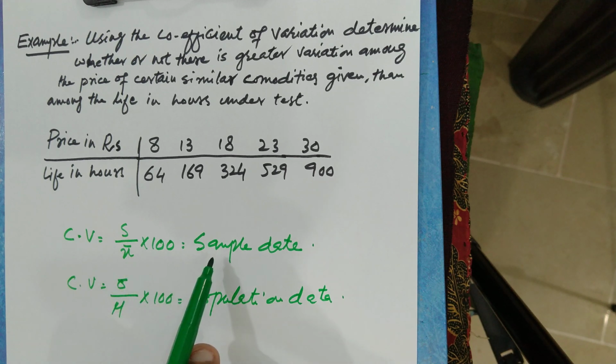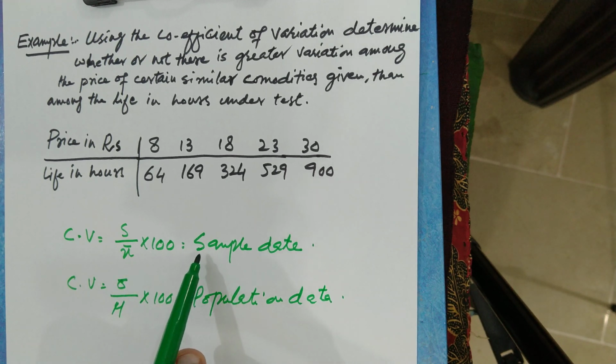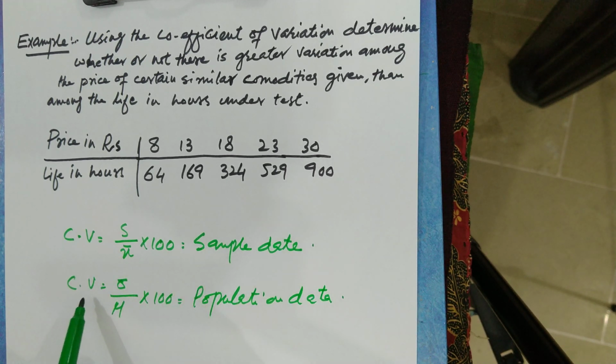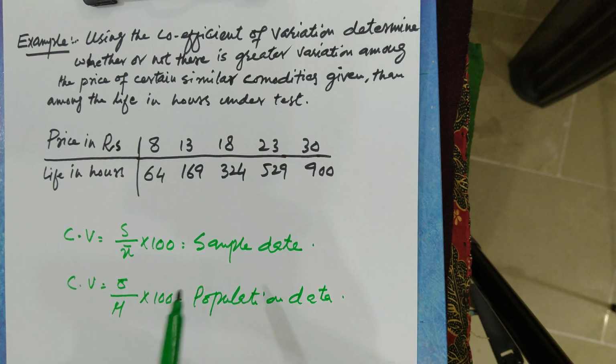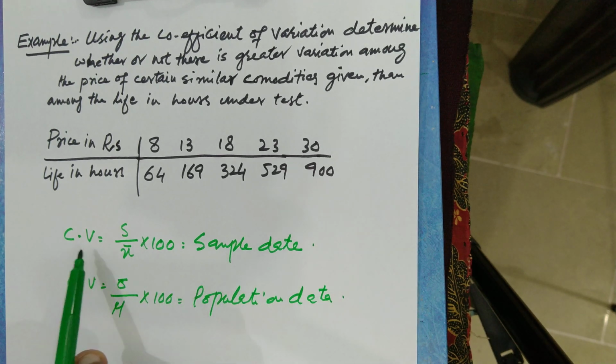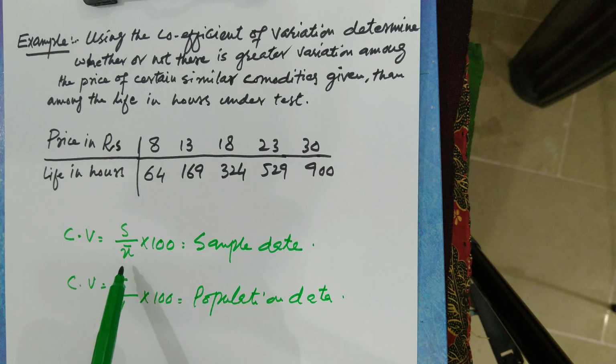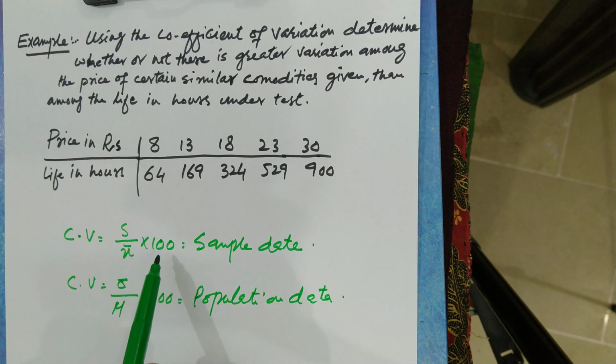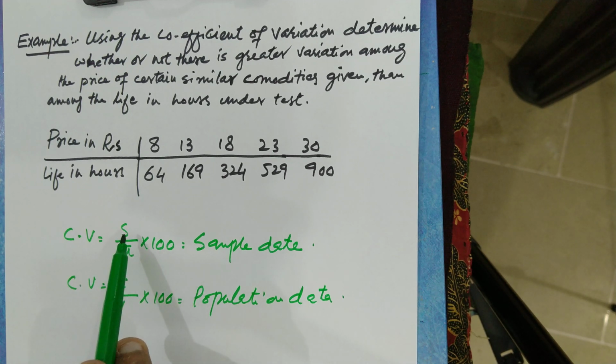Calculating the coefficient of variation from population data means wasting time. So researchers use the formula for sample data, and I also use this formula for sample data: coefficient of variation is s upon x bar multiplied by 100, where s is our standard deviation and x bar is our mean.